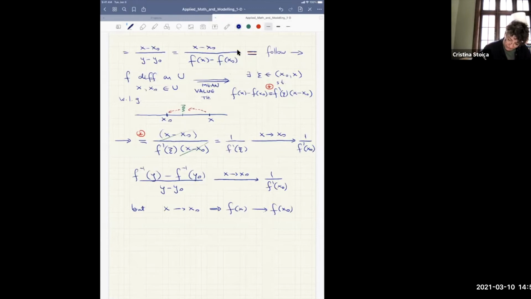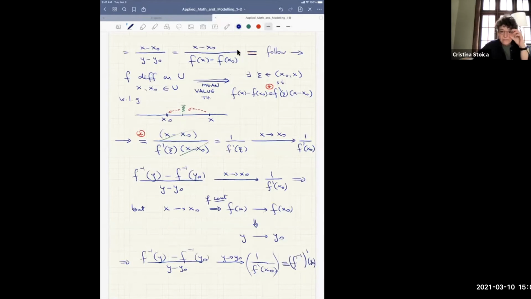I'm trying to do it as clean as I can, which means that y goes to y naught. So this implies further that (f minus 1 of y minus f minus 1 of y naught) over (y minus y naught) goes exactly to 1 over f prime of x naught as y goes to y naught. And this is nothing else but f minus 1 prime at y naught.